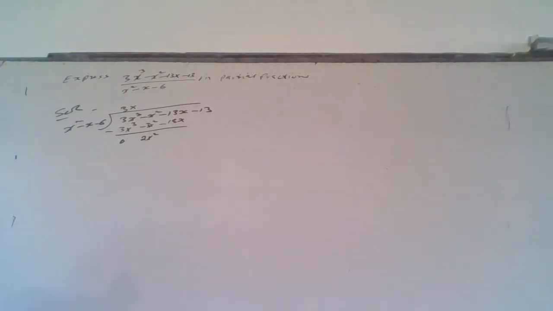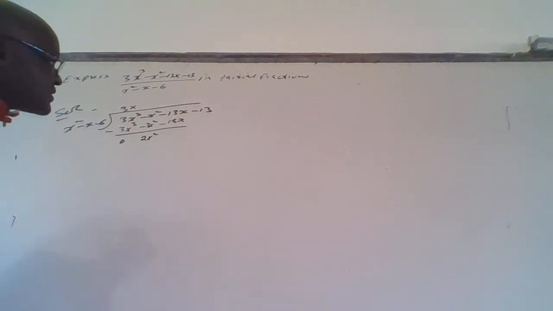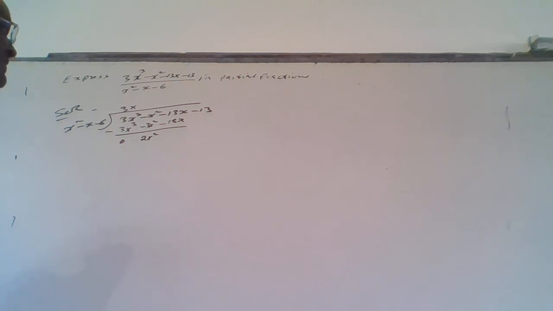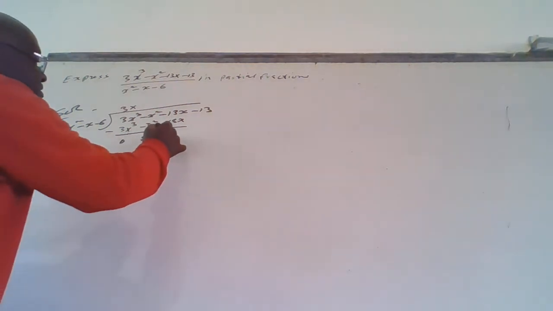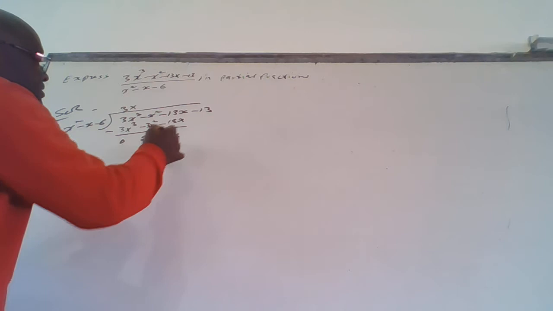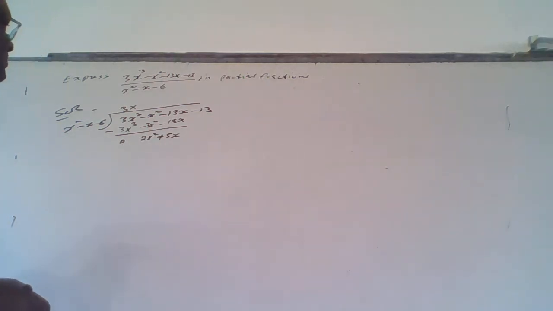Then negative 13x minus negative 18x, it's the same as negative 13x plus 18x, we remain with 5x.